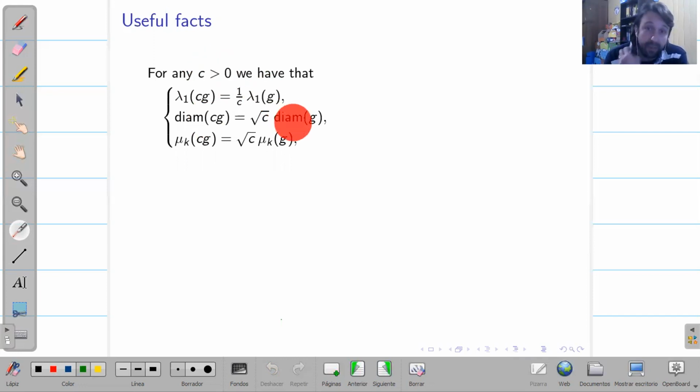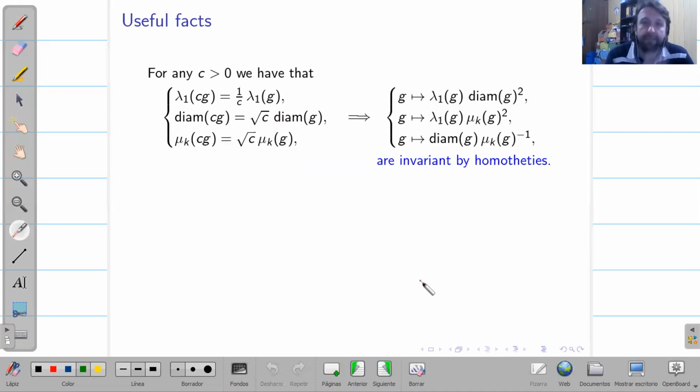These are pretty well known, and this is not difficult at all. And they imply this: that this time the square of this, now these numbers are going to cancel. So this is invariant by homotheties, and the same with the rest. And actually, note that this is the functional that we want to bound from above. This is invariant by homotheties.